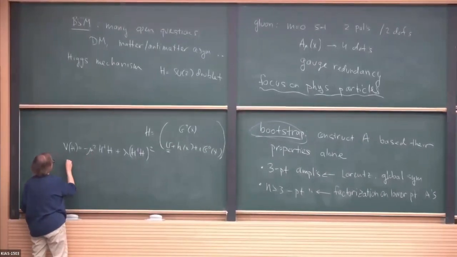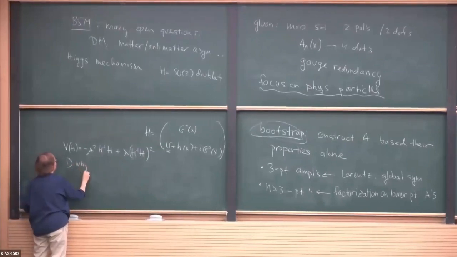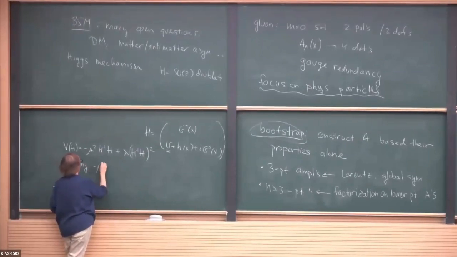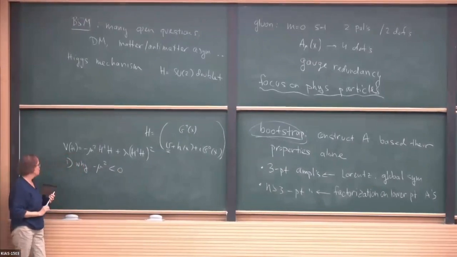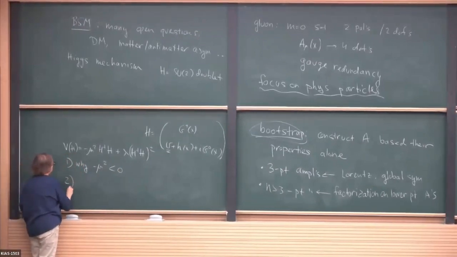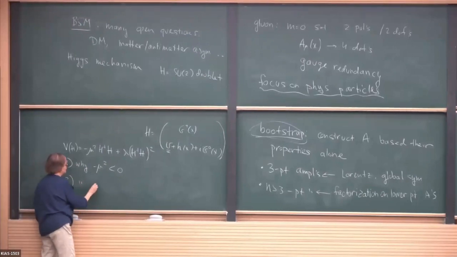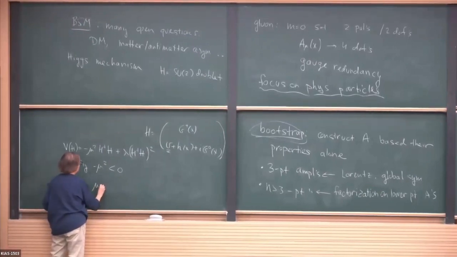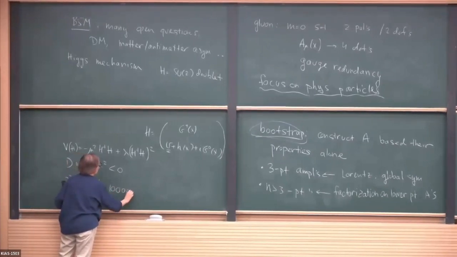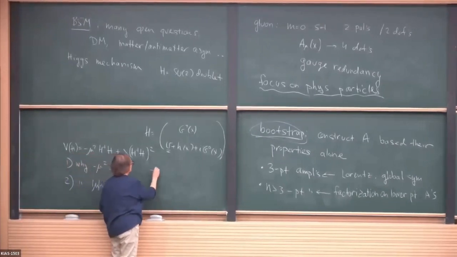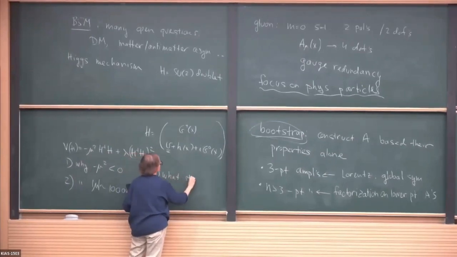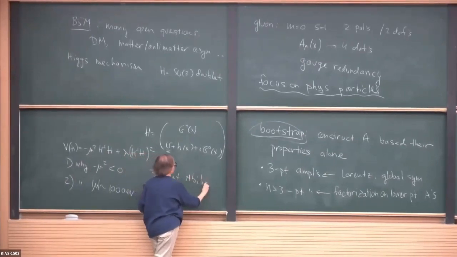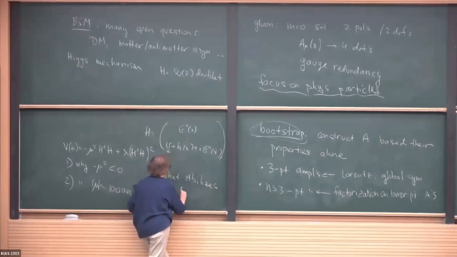There's no explanation for why we have this mu squared, which is negative. We have no understanding of why mu is around 100 GeV. And finally, we have no explanation for what stabilizes mu.